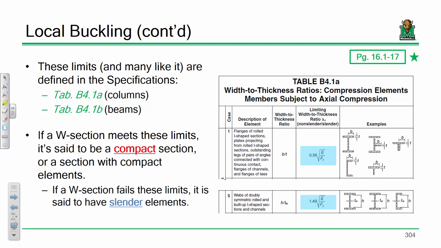Now, I'm sure some of you are like, let me say this. I'm going to make you check this for every problem that we do. And I'm sure some of you are going to be like, that's dumb, Dr. Mike. Can't we just look at the shape and it says it's not slender, so we're good? Why do we have to go through and do all this math? I can understand that. The problem is if you're in bridge land and you're designing, let's say, a plate girder, there is no table to tell you whether or not the plate girder is good or not.